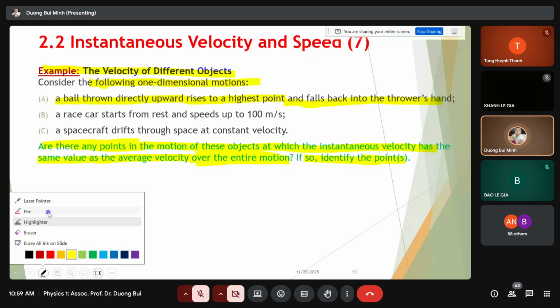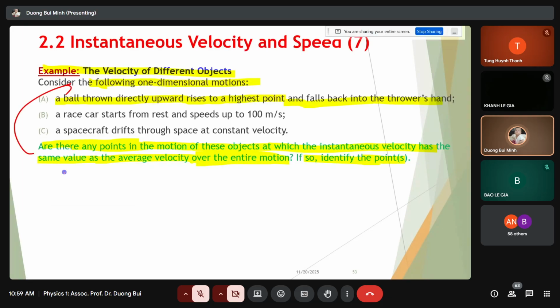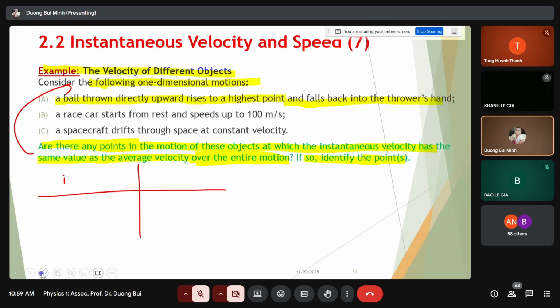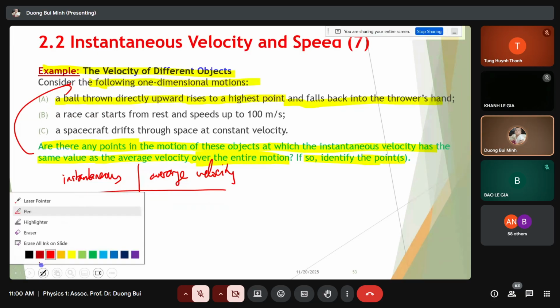To answer this question, you need to know the difference between instantaneous and average velocity. For instantaneous velocity, we take the limit of delta x over delta t as delta t approaches 0.